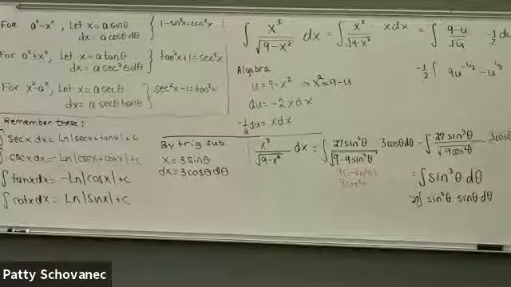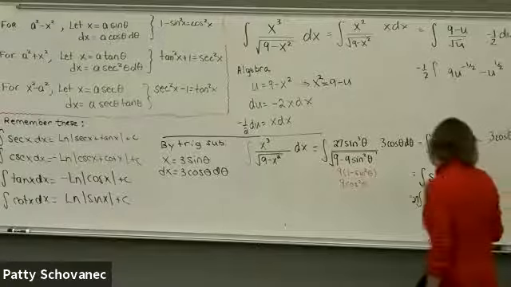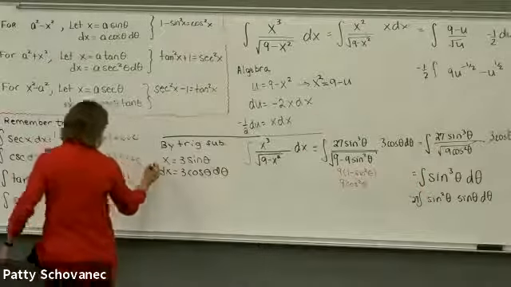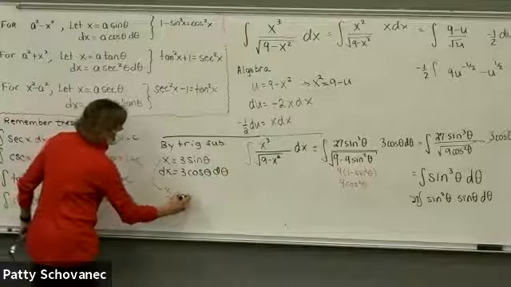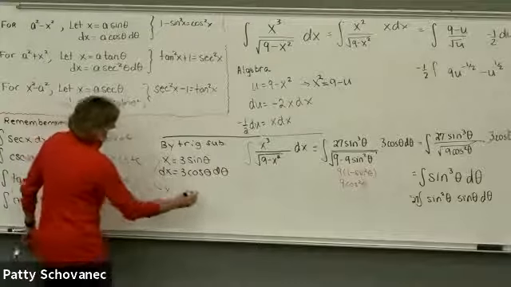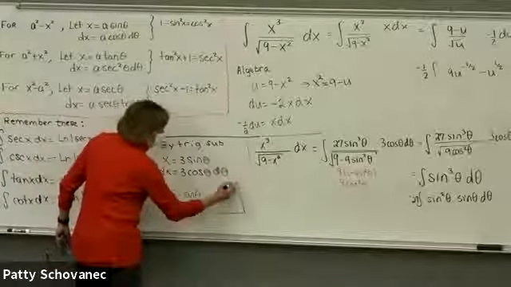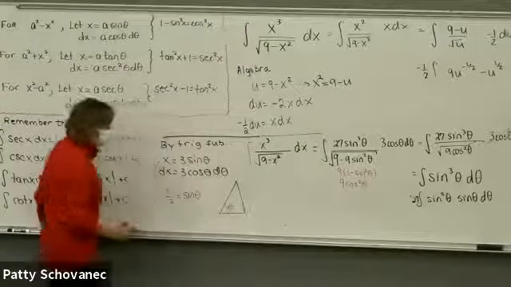Each u was the cosine of theta. And now, what am I going to do with cosine of theta? Come over here. x over 3 is equal to the sine of theta. There's my theta.